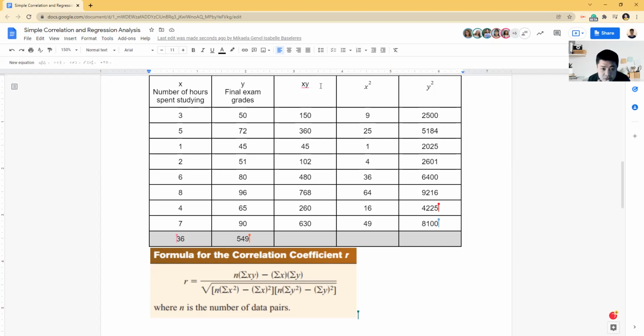Sige. So I think I was able to assign somebody to get the sum for the xy column, for the x squared column, and for the y squared column. Okay. The others, kindly check the data.